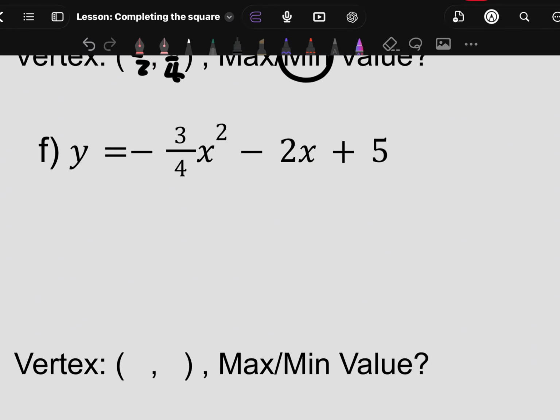Alright, so y equals negative 3 over 4 x squared minus 2x plus 5. First we factor out that first term to get x squared, then we divide negative 2 by negative 3 over 4. What we get from here is 8 over 3.